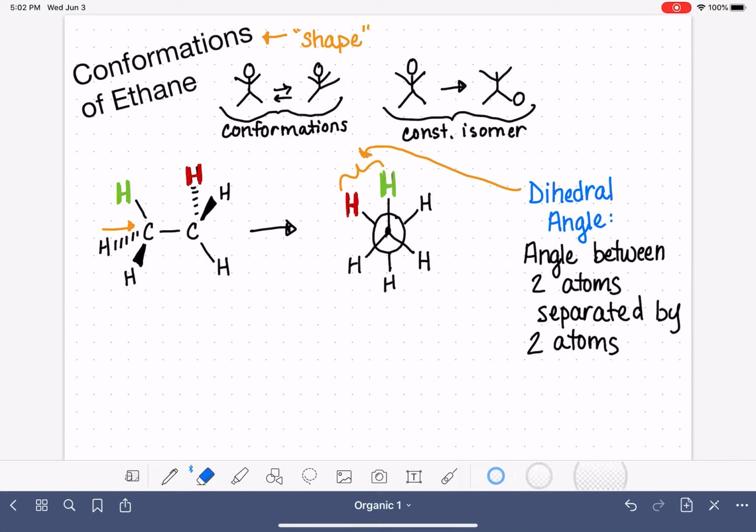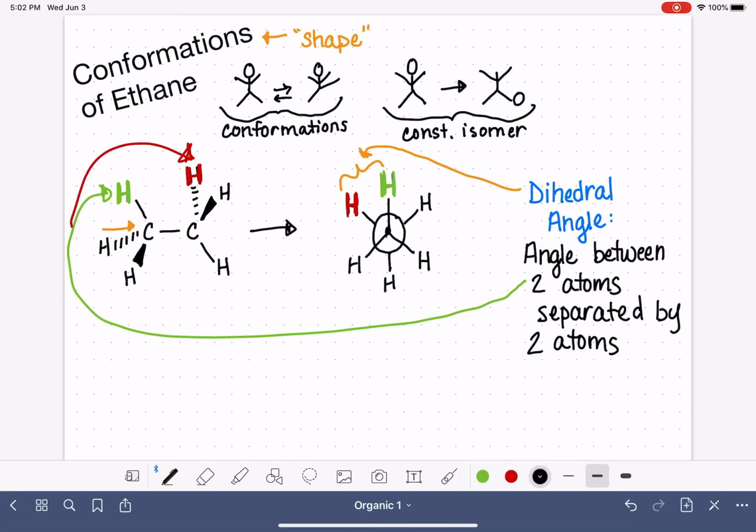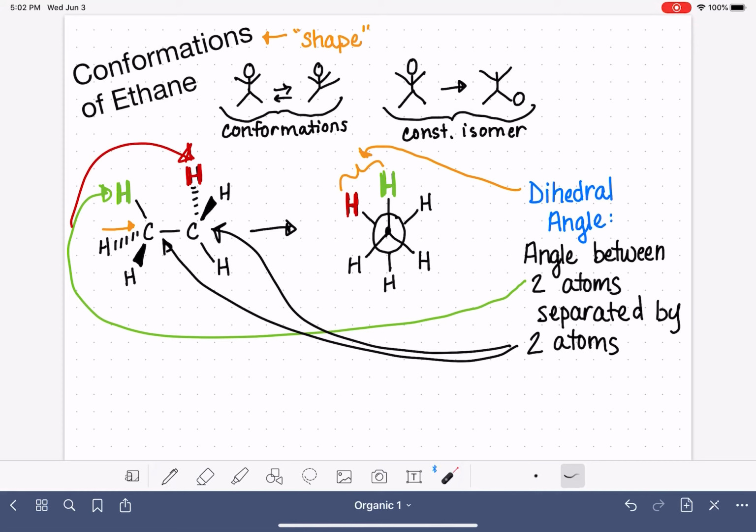The two atoms, let's keep going with our color coding here. Our two atoms were the green hydrogen and the red hydrogen, and they were separated by two atoms, this carbon and this carbon. There's a lot of kind of crazy arrows going on there, but what is the dihedral angle for these two atoms?